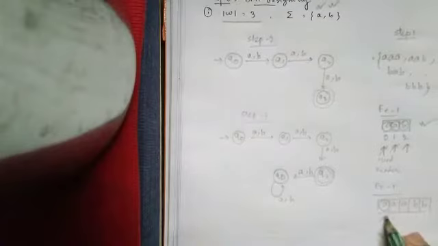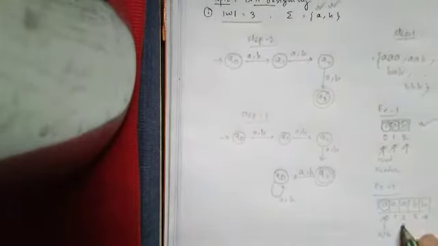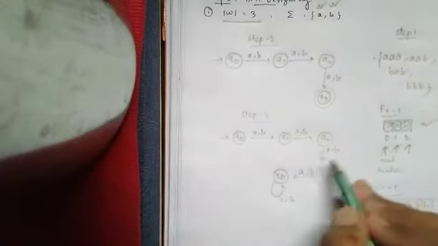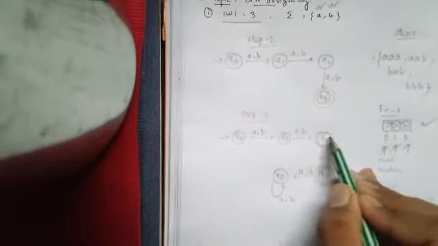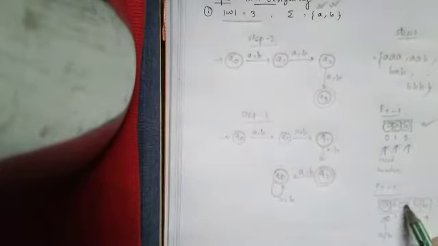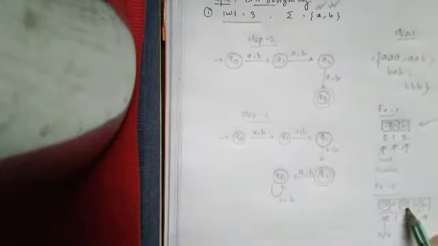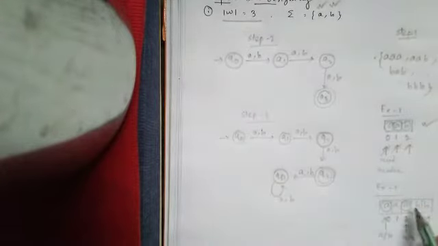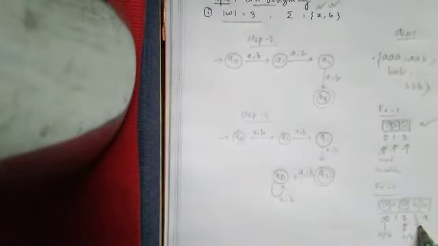So position 0, 1, 2, 3, 4. When the read header is at position 2, as I said, we will be at state Q2. Now it will scan this alphabet and make a transition from Q2 to Q3. This will be forwarded to here.